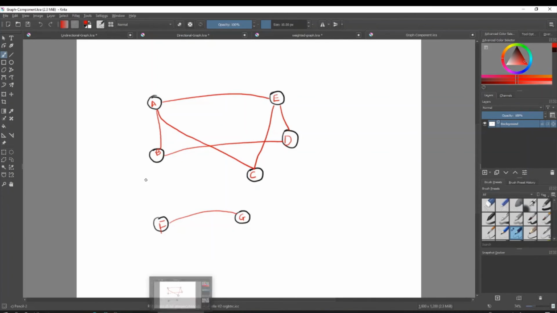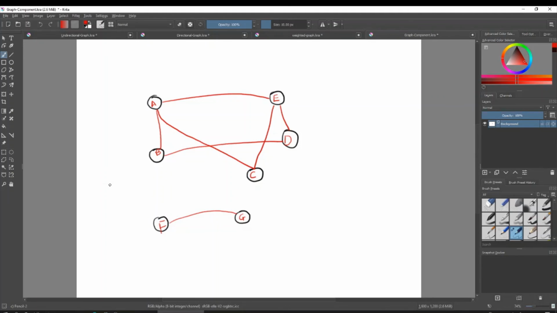If you look at this graph, it has two sets of vertices. Vertices A, B, C, D, and E are all connected to each other, and vertices F and G are connected to each other. But the set of vertices F and G is not connected to the rest of the vertices. So in this case, this whole graph has two connected components.